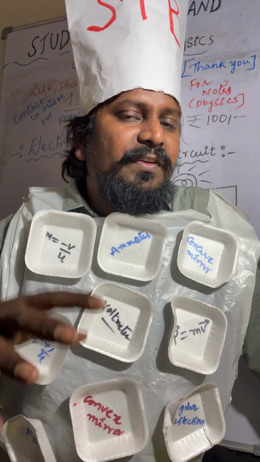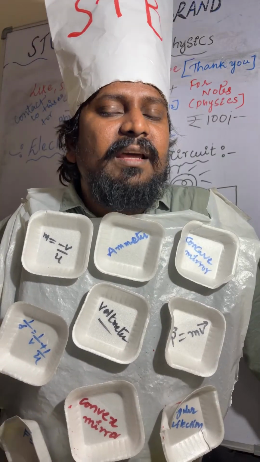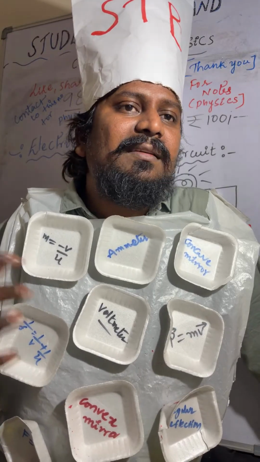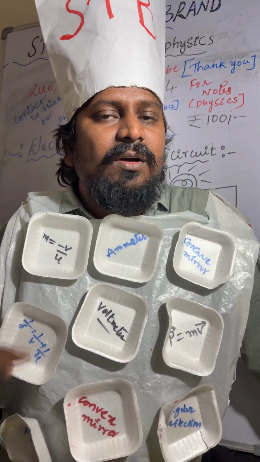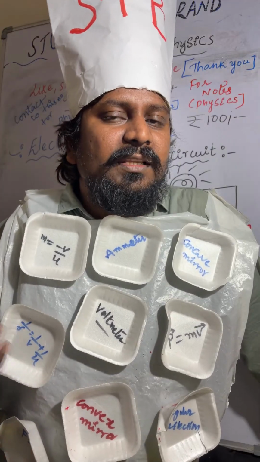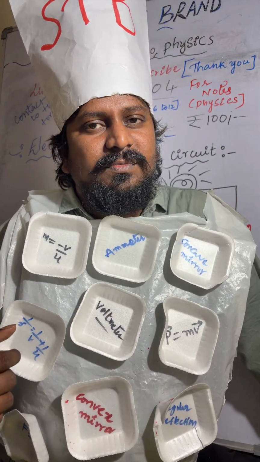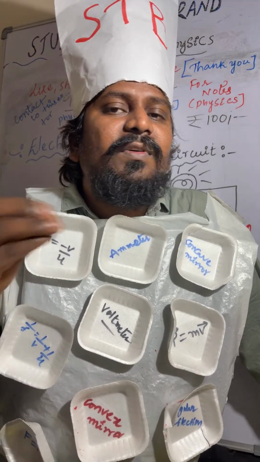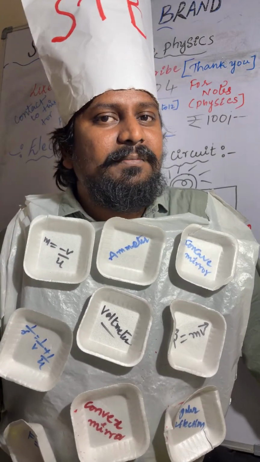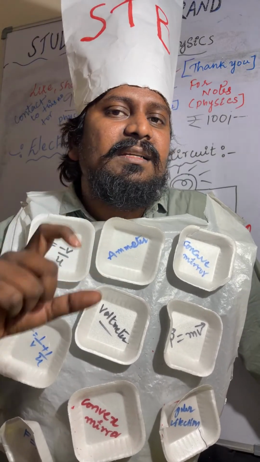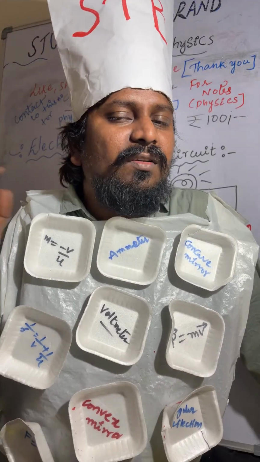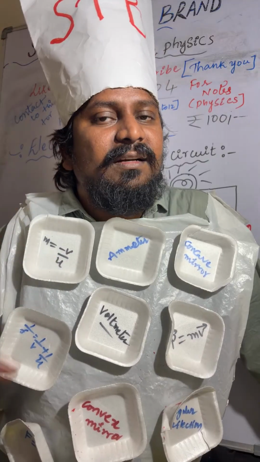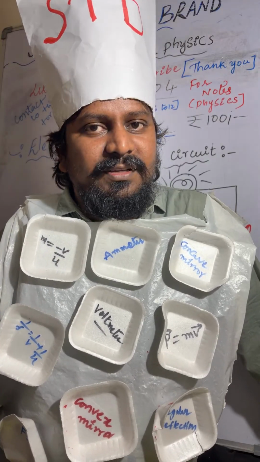The difference in electrical pressure creates the movement of electrons. That is called electrical potential, which is also the potential difference. Which one creates the difference? The battery. If you connect the battery, then only does current start flowing in the conductor.